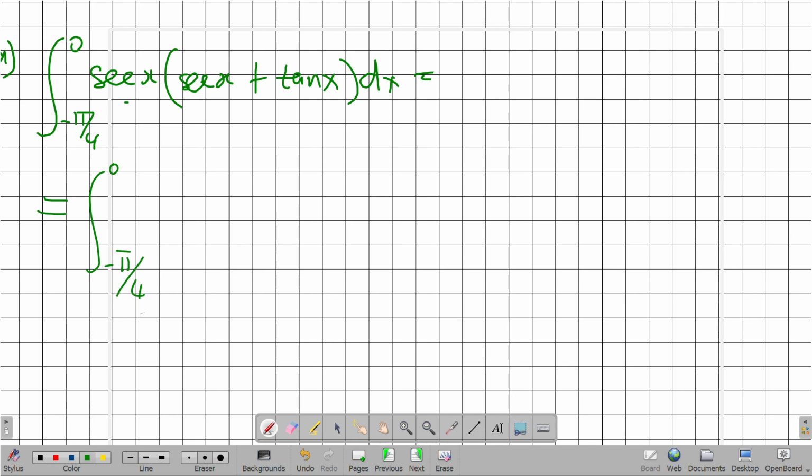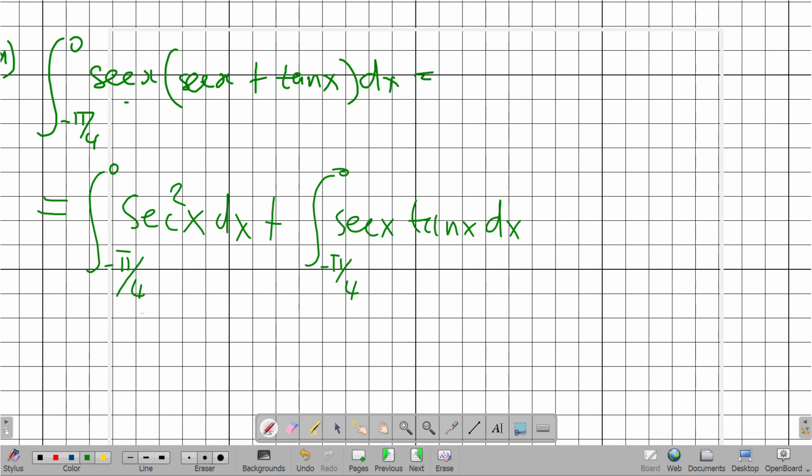So I'm going to have the integral of sec squared x plus, because we know mathematically you're allowed to distribute the integral function, I will say plus sec x tan x dx.